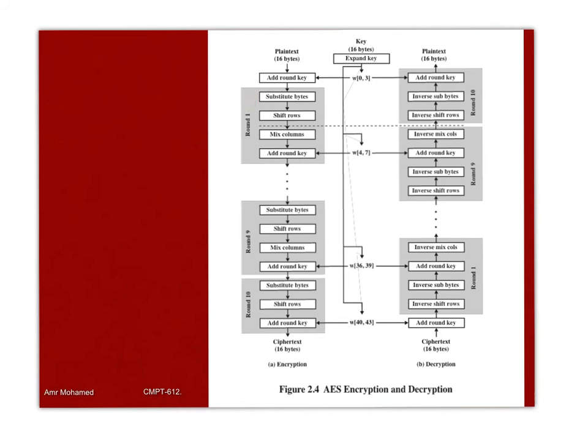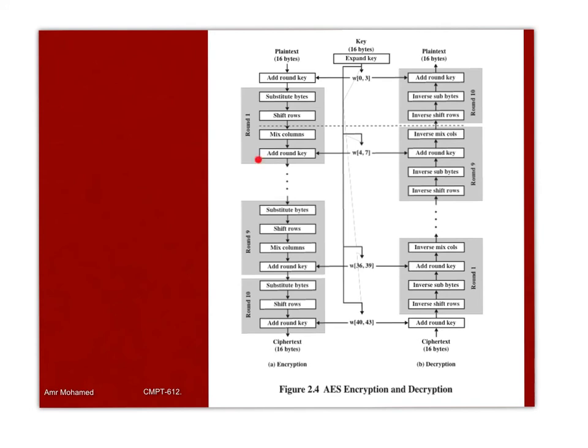Then we have 10 rounds, as opposed to 16 rounds in the Feistel structure of DES. Here we have 10 rounds only. You might ask yourself, why 16, why 10? That's based on some information theoretic analysis, which we will not get to.